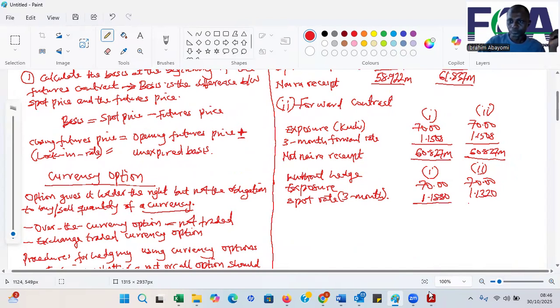So, what do we have? Net Naira receipt. Let me see.